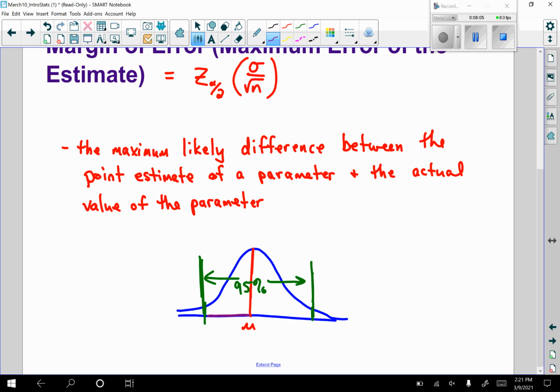This portion right here and here is z sub alpha over 2 times the population standard deviation divided by the square root of the sample size, on either side. And this little portion over here is the alpha over 2, and likewise over here.